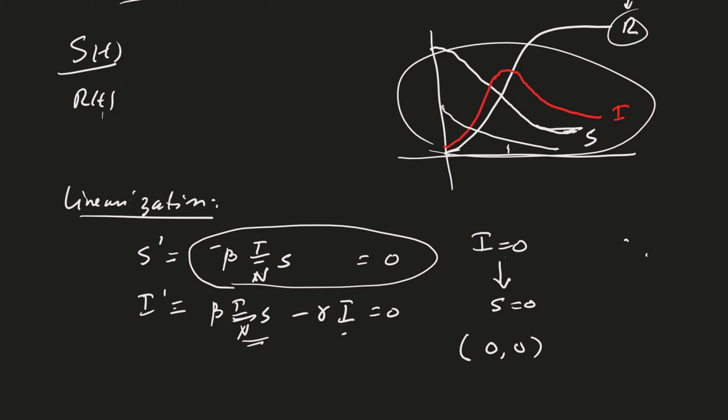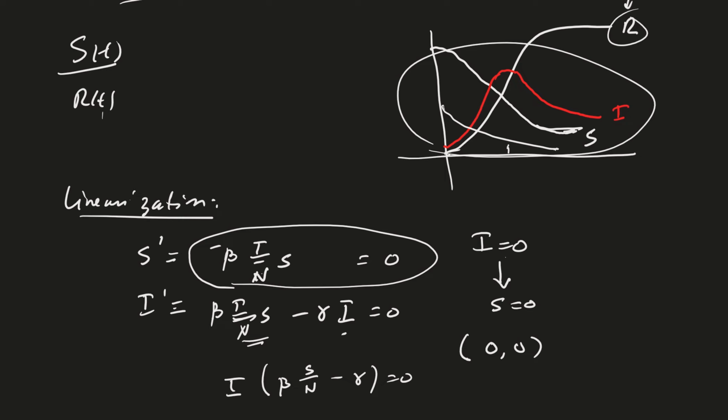So let me erase that for a sec because I want to factor the I out of this bottom one. Right, and then I would be left with beta times s over n minus gamma. I pause there for a second because if I is equal to 0, that zeroes out both of our equations.